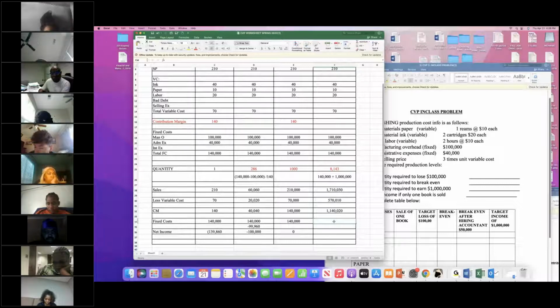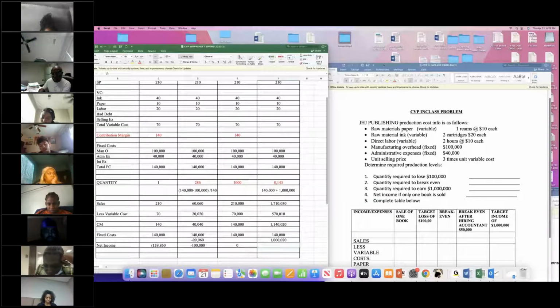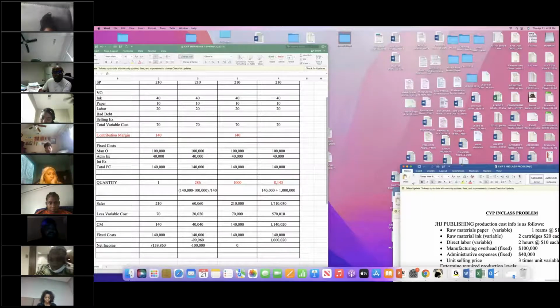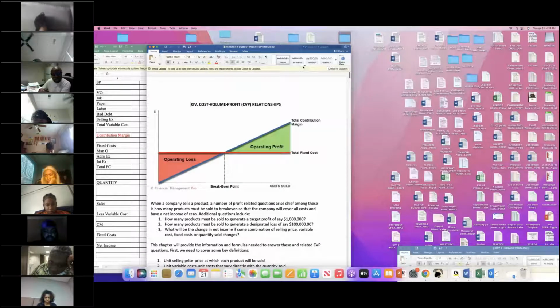Any questions? So what are we going to do with this? You are making projects, and you're going to do 3 budget years: one where you lose 100,000, one where you break even, and one where you have operating profit.